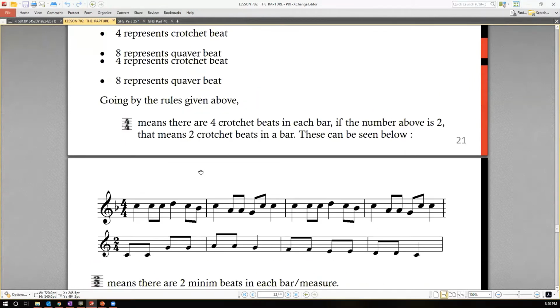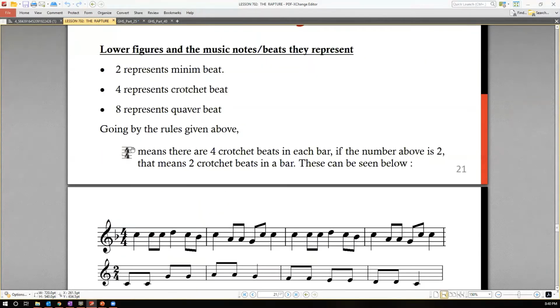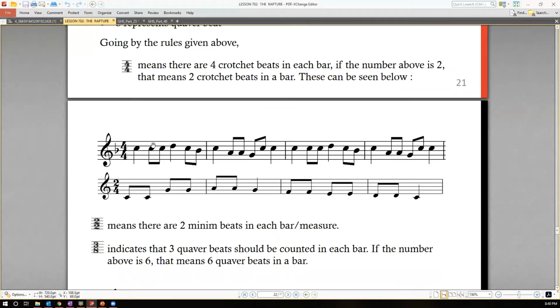So always remember the top number tells us how many beats are in a bar, and the bottom number tells us which note takes 1 beat. It could be a quaver, a minim, or a sixteenth note.